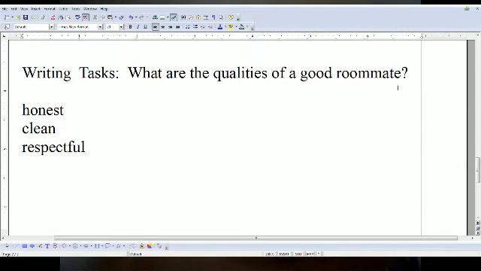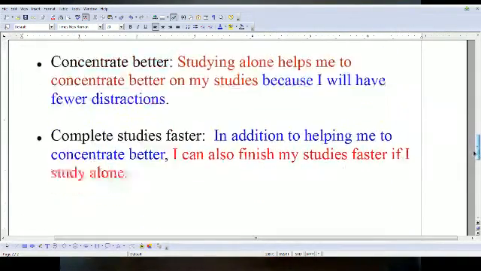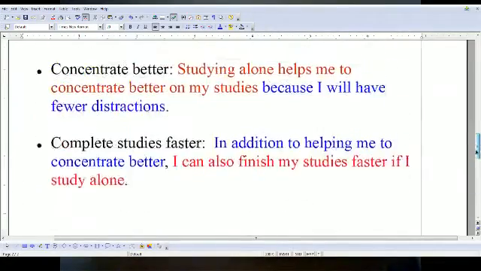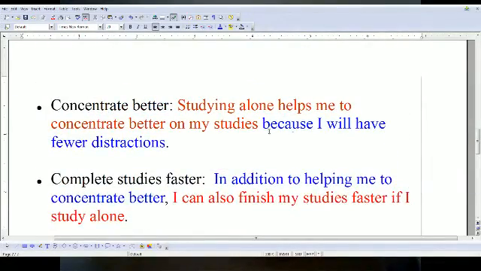It'll be easier when you begin writing about these topics later on, right? Now, in this case, what I was saying before, it's probably better in this case where you have studying alone. You don't have to say first of all, then second of all. If you just state it here, then say in addition to helping me concentrate better, I can also finish my studies faster if I study alone.